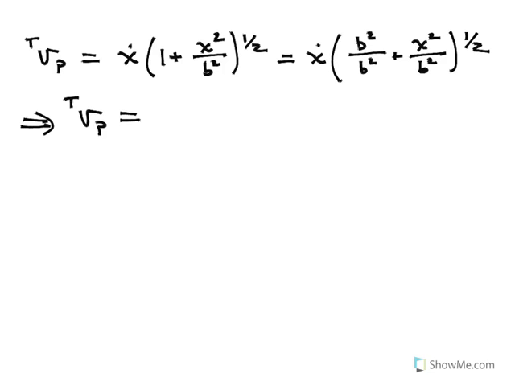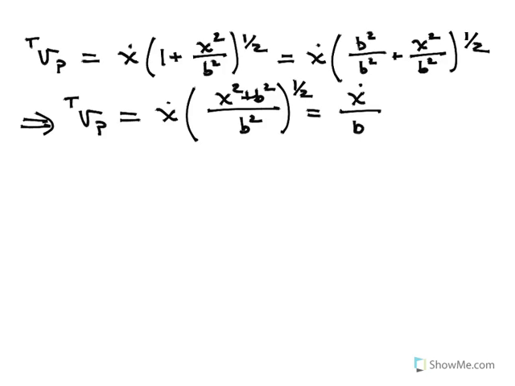Now we can factor out a b as follows. We've got x dot, and then x squared plus b squared, all divided by b squared, to the 1/2. If we take the square root of this, we get x dot over b times x squared plus b squared raised to the 1/2.